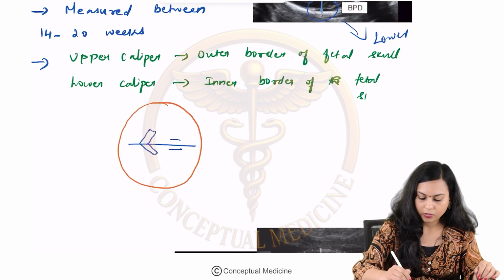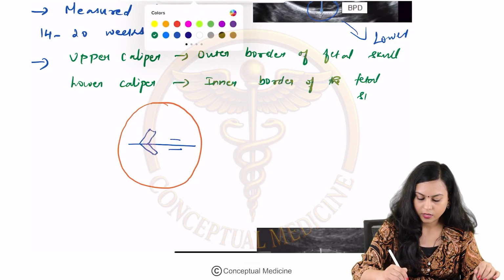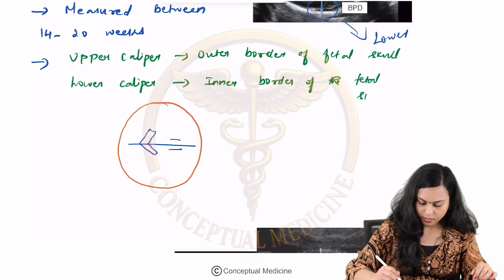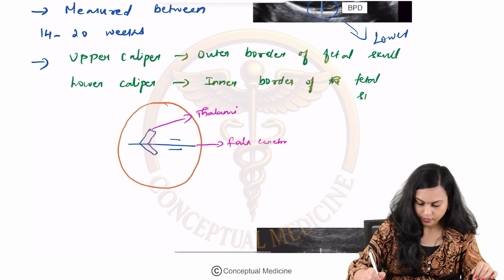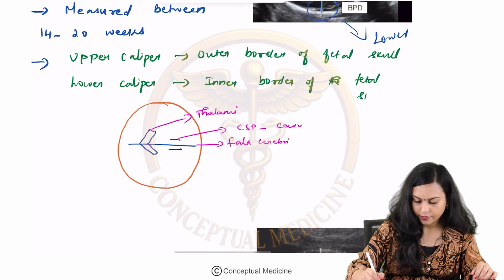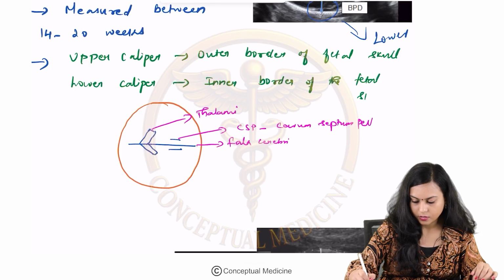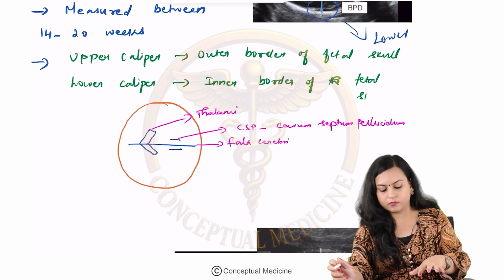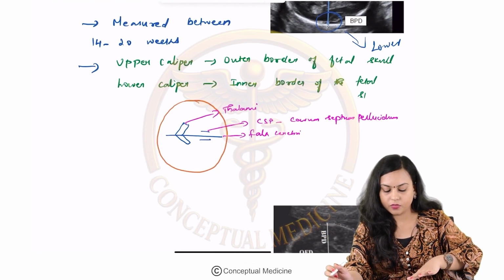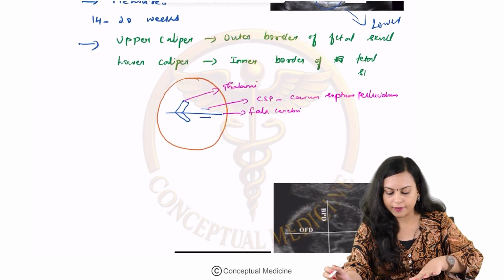Now, what are these? This is the thalami, this is the falx cerebri, and this is the CSP, that is cavum septum pellucidum, that is seen. Understood? So this should be seen.